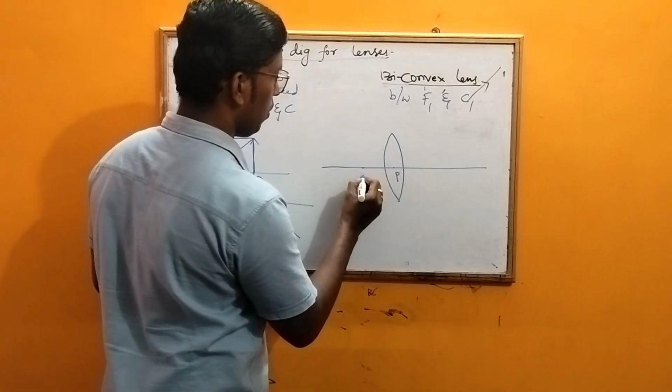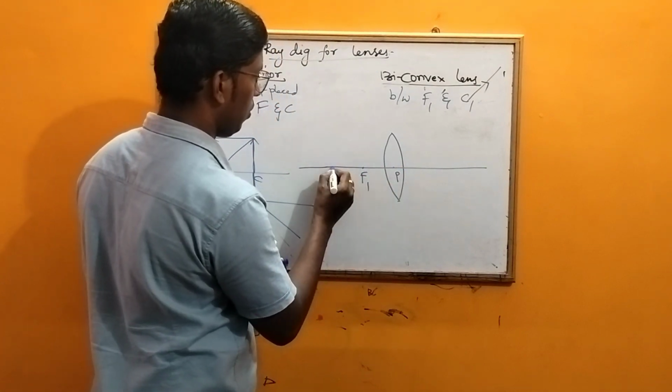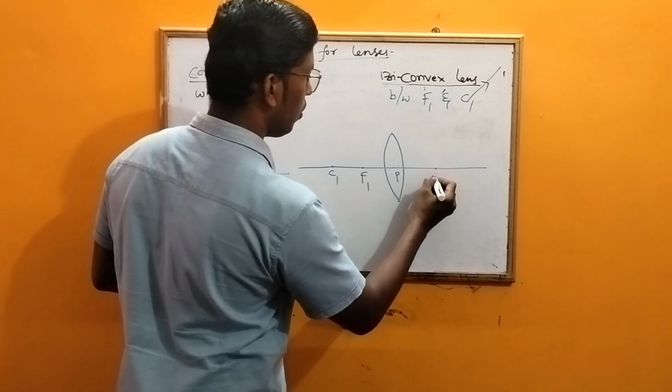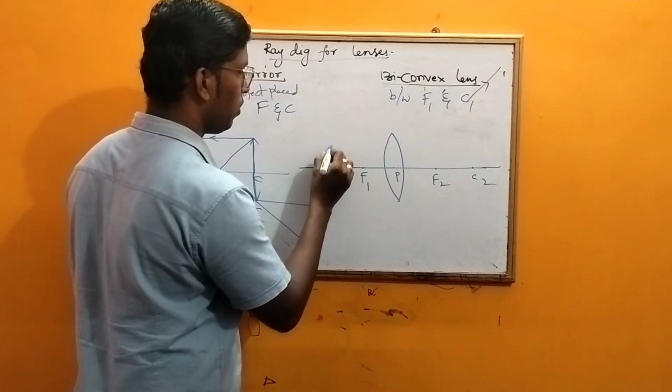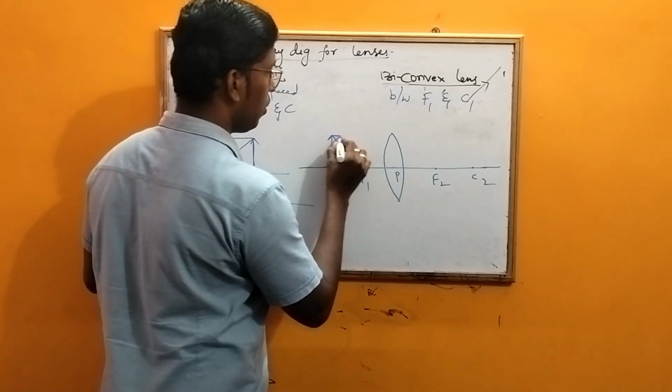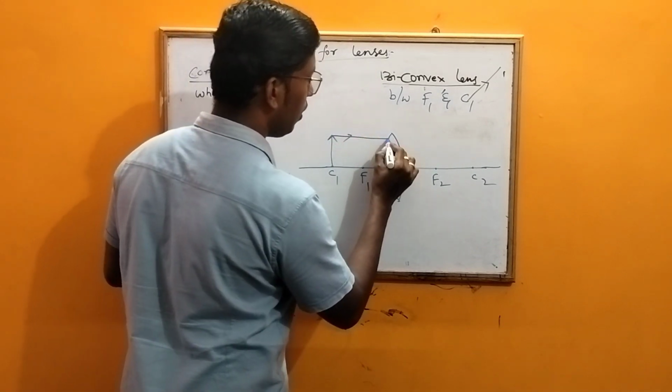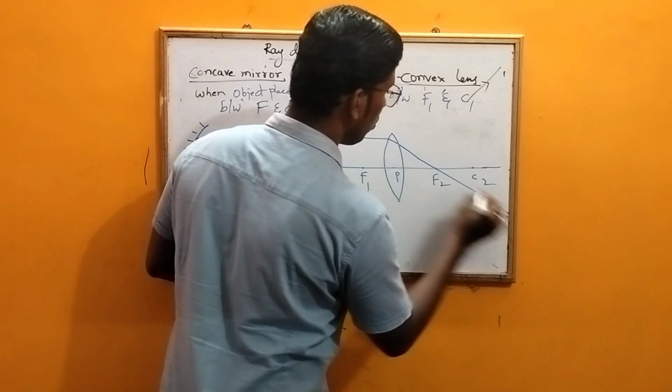And the same for the lens: pole, F1, C1, F2, C2. Where is the object? At C1. Draw the line parallel. After refraction, it passes through the focus point.